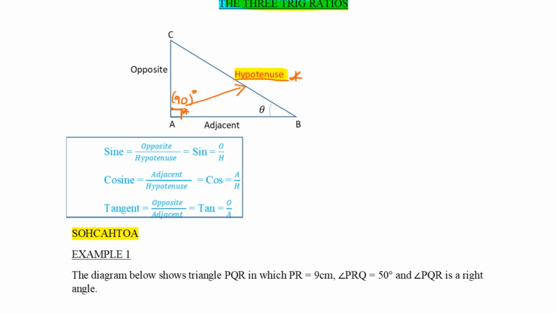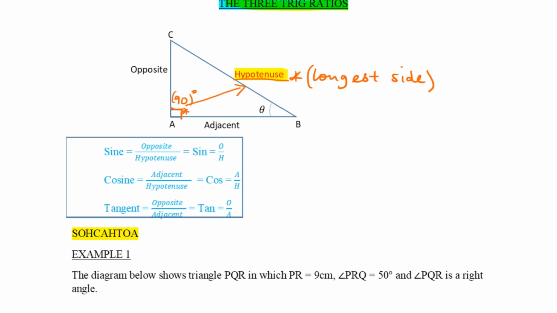So the hypotenuse is opposite to the 90 degrees angle. The other thing about the hypotenuse is it is the longest side in a right angled triangle.